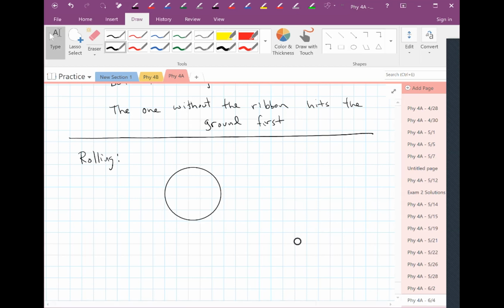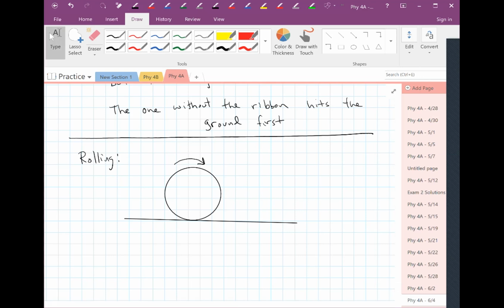Rolling is this situation, right? We've got our object rolling along the ground. The part that's in contact with the ground, that's actually the axis of rotation.